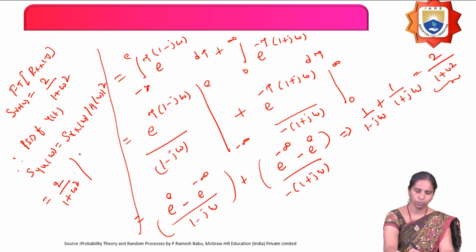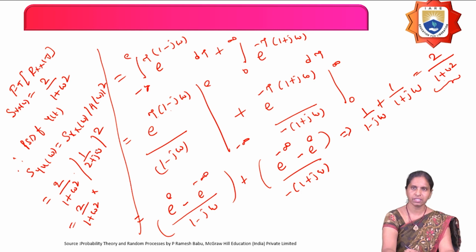So here mod of 1 by 2 plus j omega whole square. If you simplify, you'll get 2 by 1 plus omega square into 1 square, nothing but 1 only. And what is mod of 2 plus j omega? Square root of 4 plus omega square. So here the square root and square get cancelled, and we get 4 plus omega square.